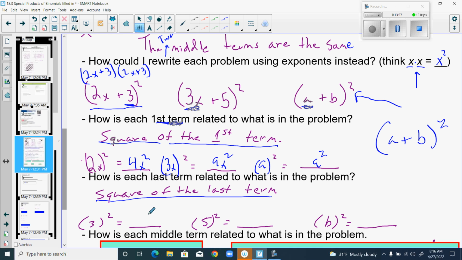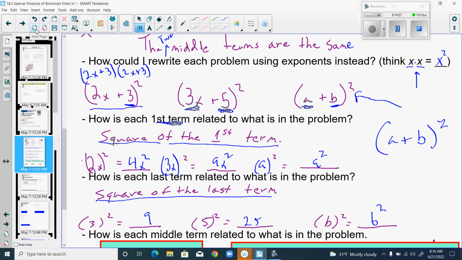If I look at the last term in the problem up here, which was 5, the last term in my answer was 5 squared, which is 25. And in my last problem, an identical binomial being squared, the answer is the square of the last term to get b squared. Okay, maybe I'll make up an example to show you more.